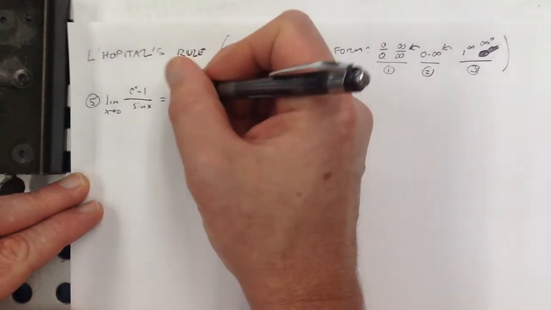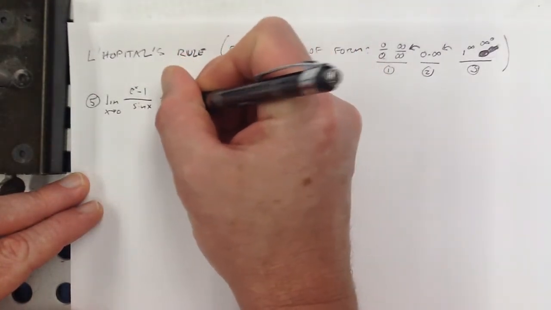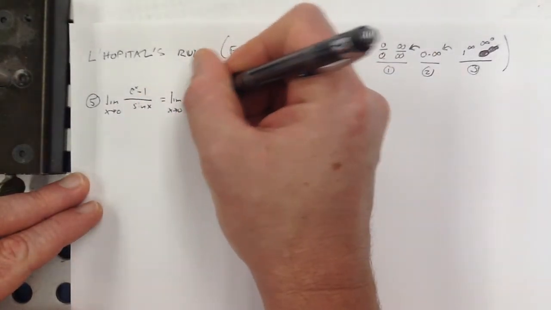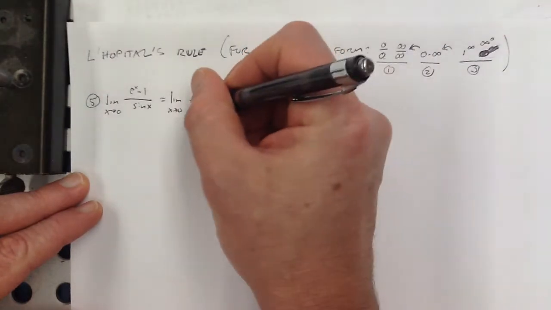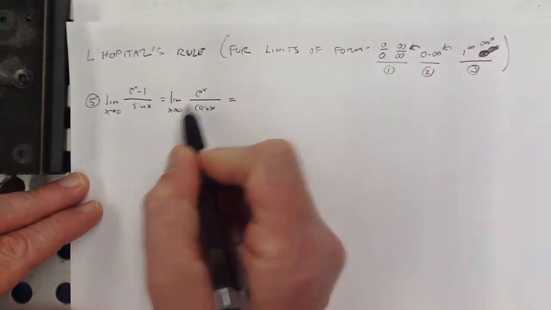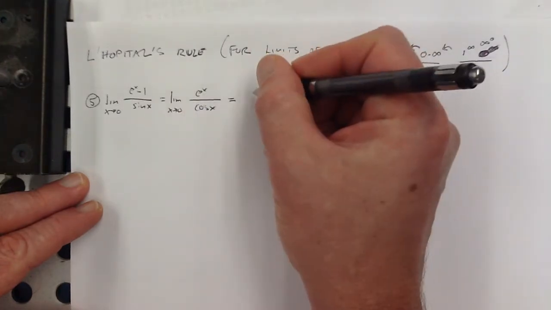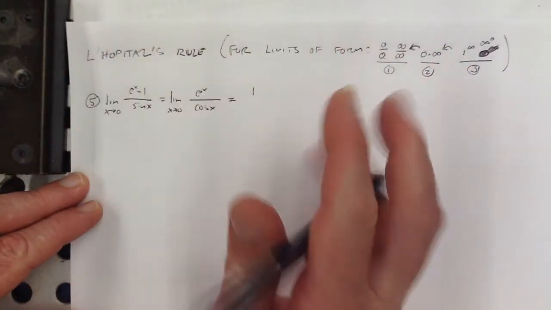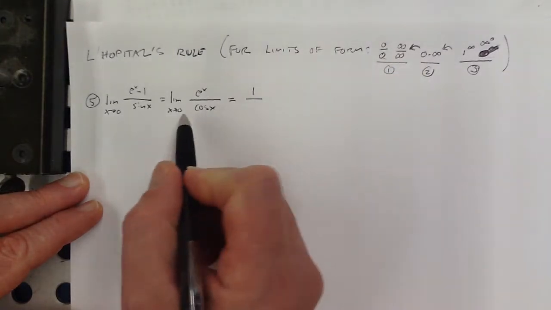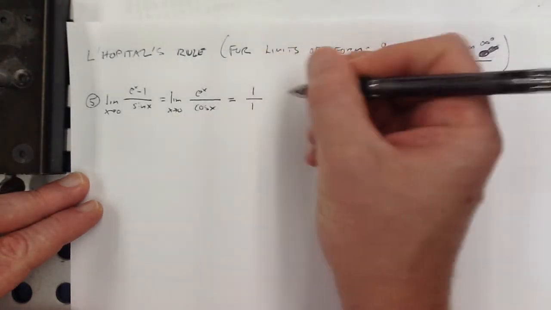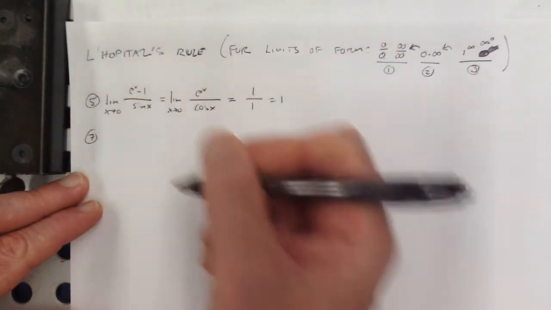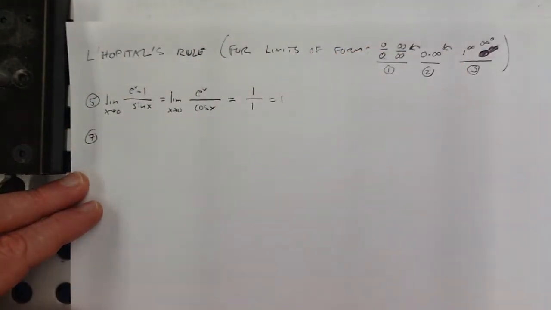So it is a 0 over 0, which means I can use L'Hopital. I just take the derivative of the top and the derivative of the bottom, and then I try again. When I plug in 0, e to the 0 is 1, so I definitely don't have any more work to do. As soon as you get something that's not a 0, then you know you're going to be done. And cosine of 0 is 1, so that's just 1. All right, that's how you do it.